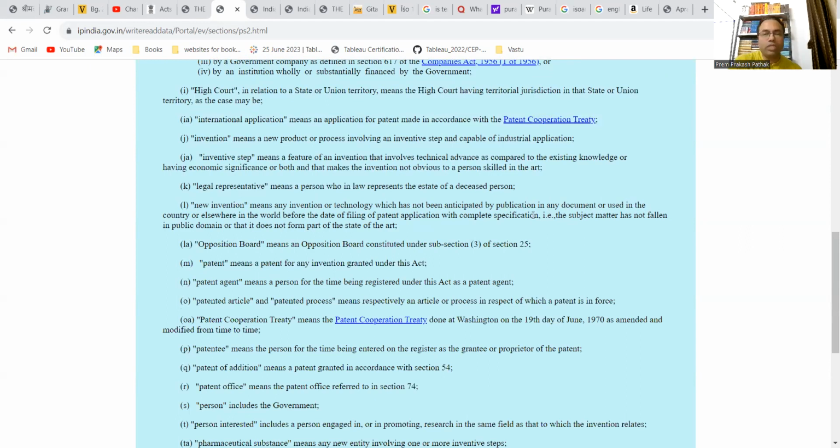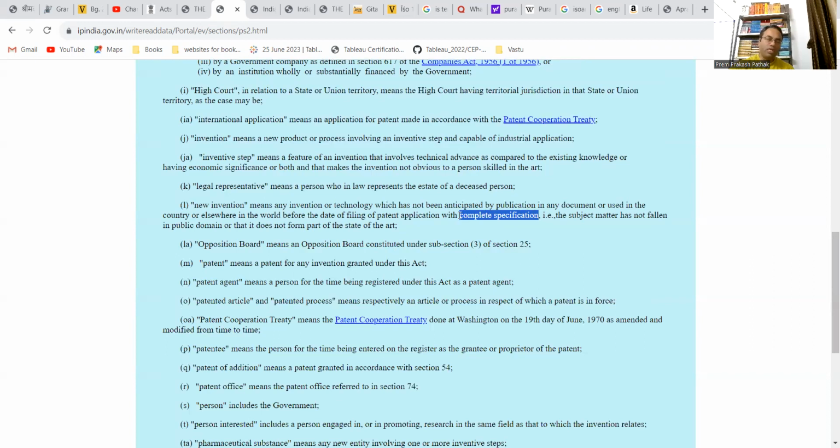You see, it is mentioned: not published, not used in the country. In the country means India as well as the world. So it covers within India and outside India, before the date of filing of the patent application with complete specification.